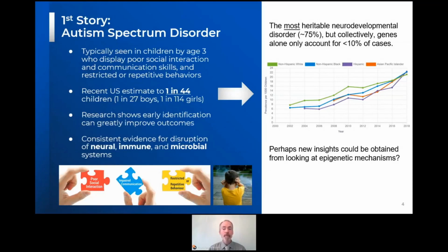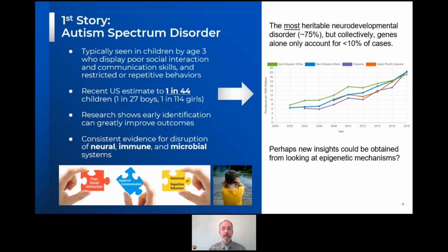And a lot of people spend a lot of time and effort looking at genetics for possible answers, given that ASD has been established as the single most heritable neuropsychiatric condition. However, despite all the effort that's been undertaken across several decades, genes by themselves have not yielded all the answers.